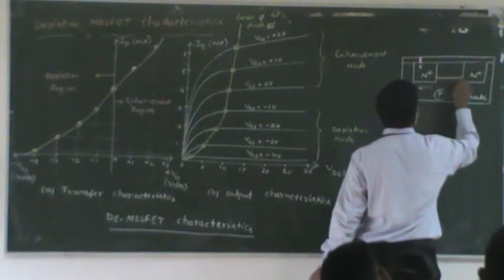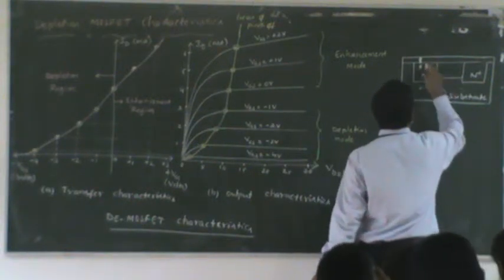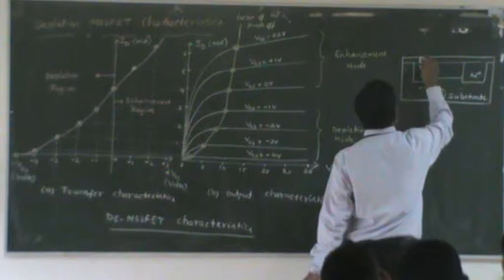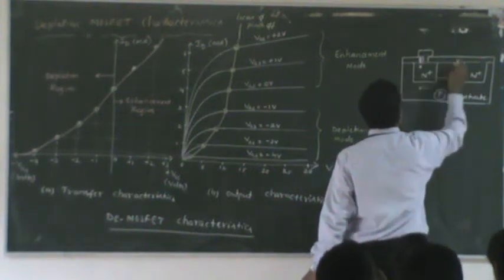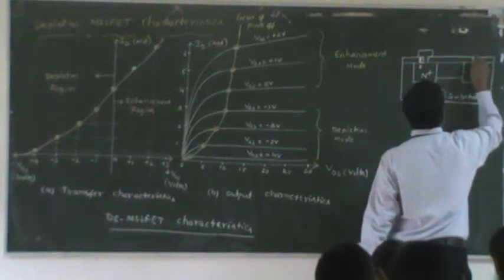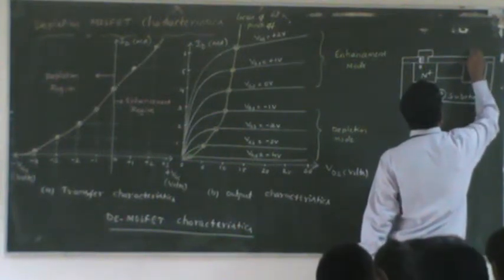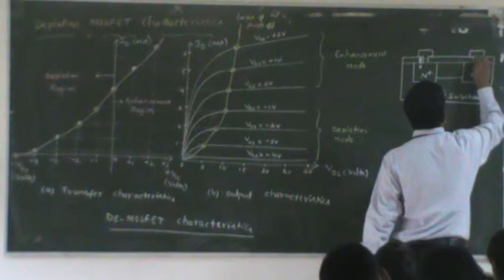There is a channel which is connecting these two N plus regions. We have metallic contacts to make electrical connections.